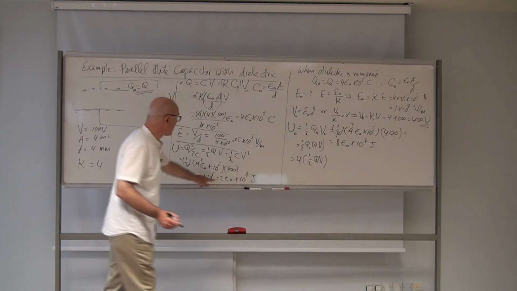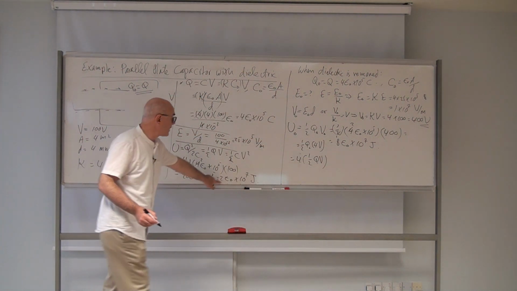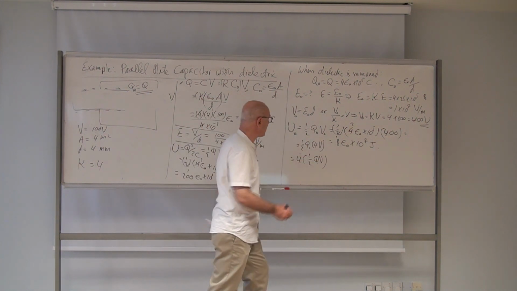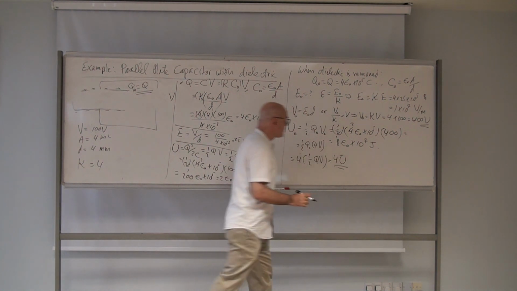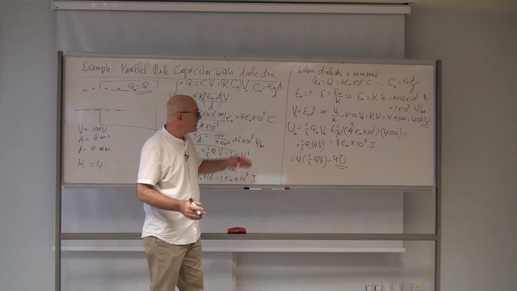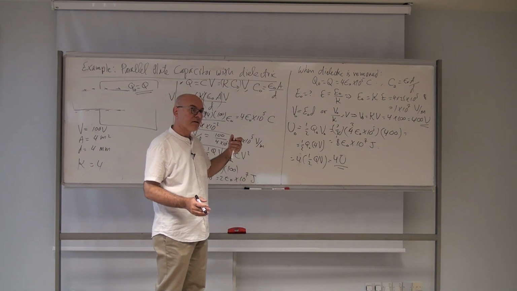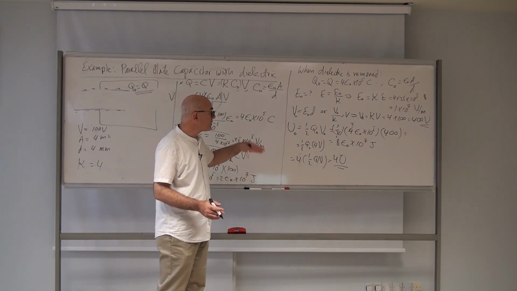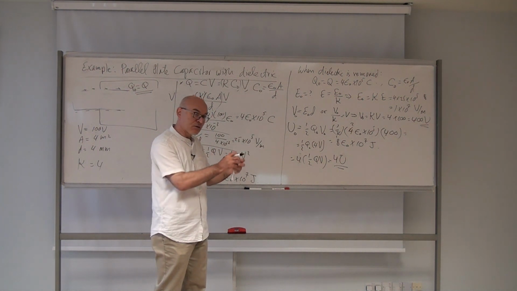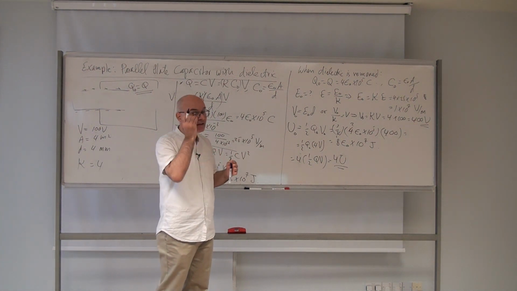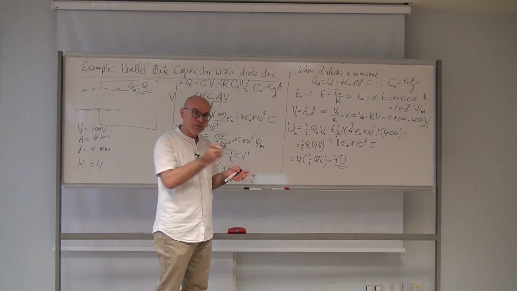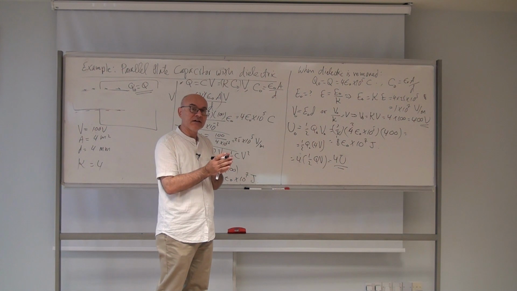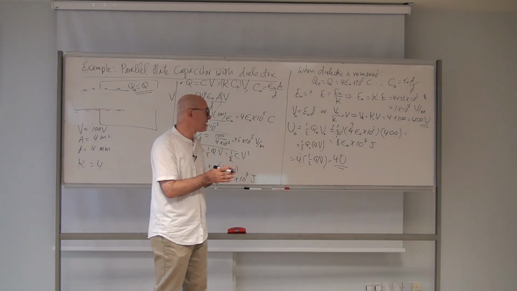Because if you multiply this by 4, you get this expression. Okay? So this is equal to 4U. So what has happened is that when you remove the dielectric, the potential energy of the system has increased.